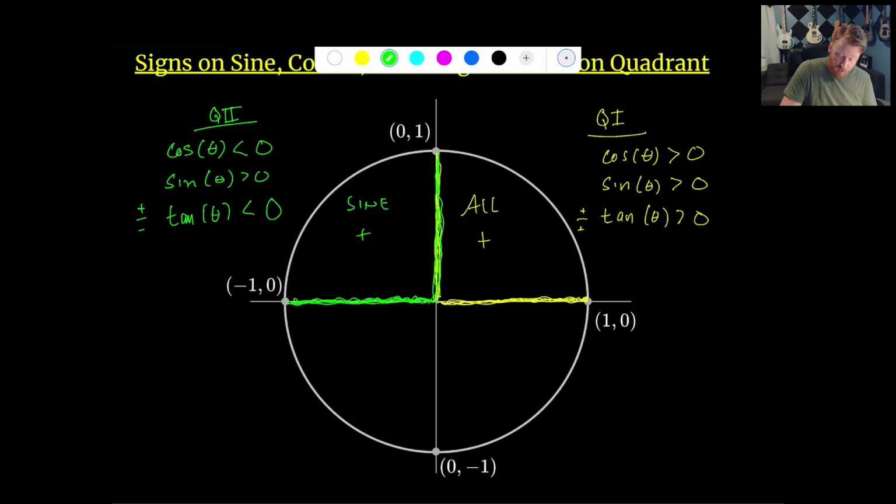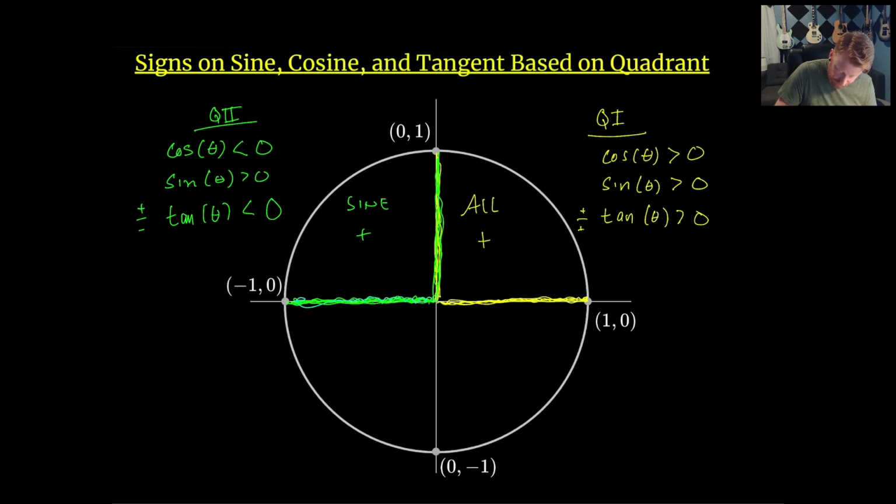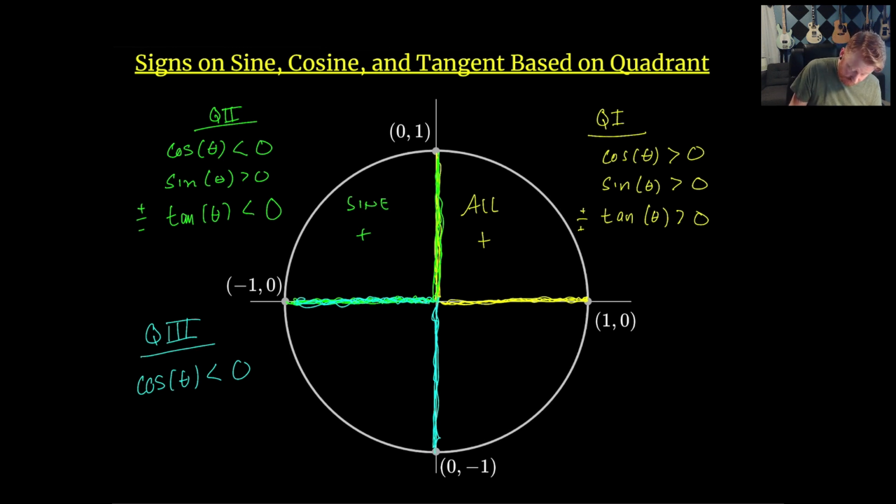All right, let's move on to quadrant 3. So again, all of these x values are still negative, just like they were last time. So we see in quadrant 3, right, in Q3, that the cosine of theta is still always negative. But now we see that we've moved to the bottom half of the circle here, that all of our sine values are now also negative.